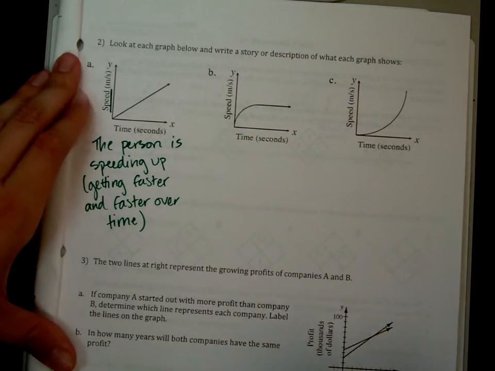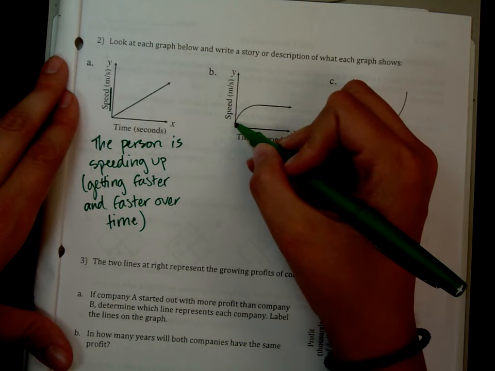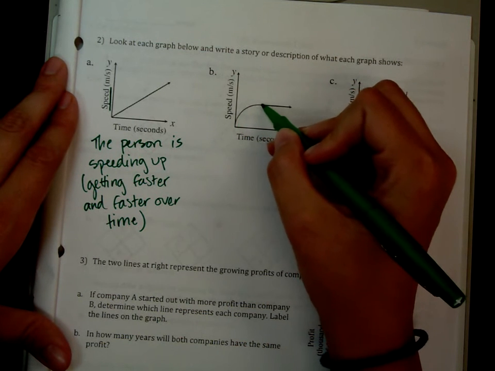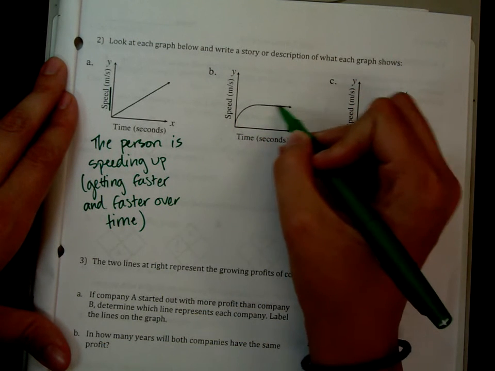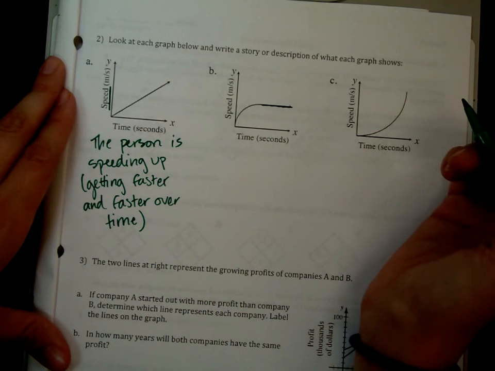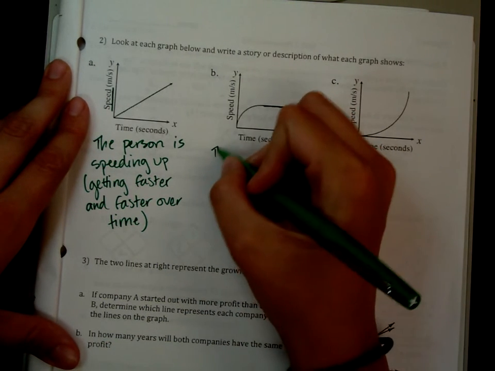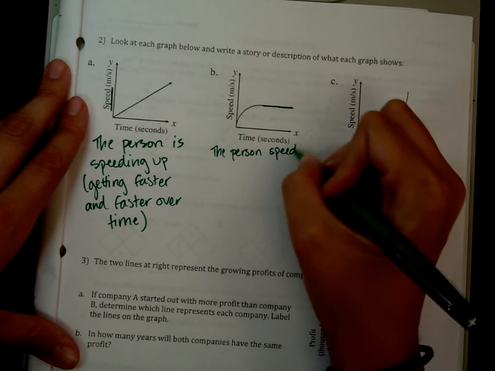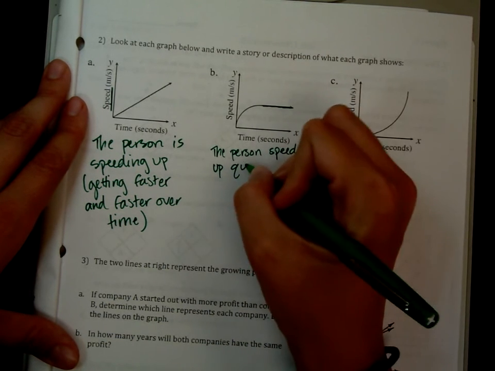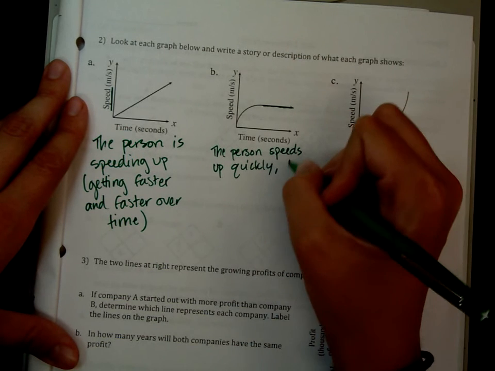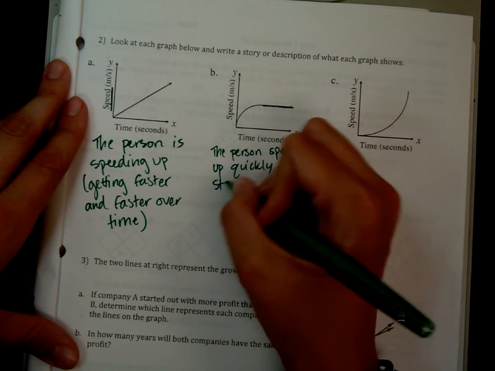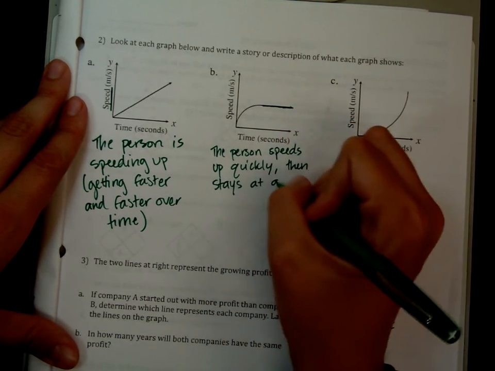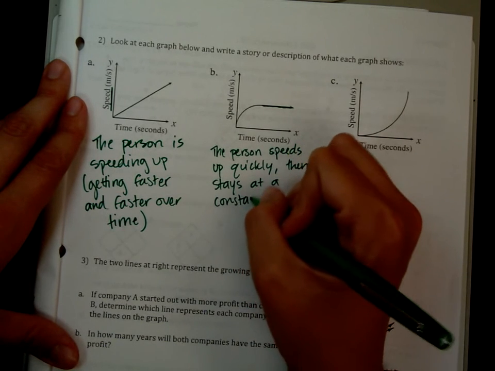In this one, the person starts off, gets fast, and then stays at a constant speed, because here the speed is not changing. So the person speeds up quickly, then stays at a constant speed.